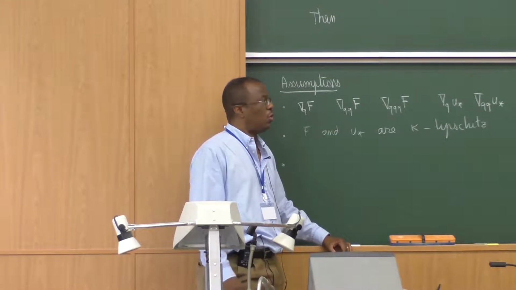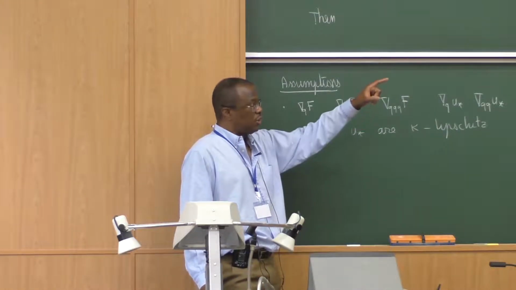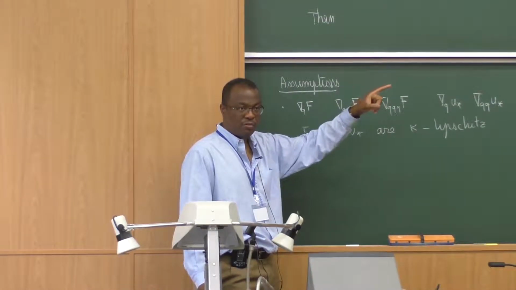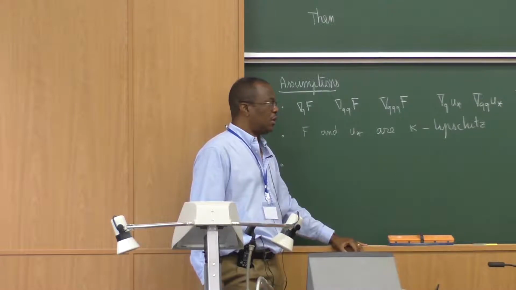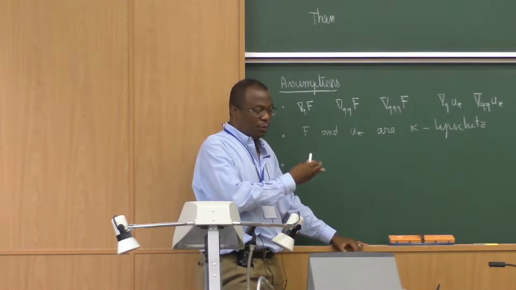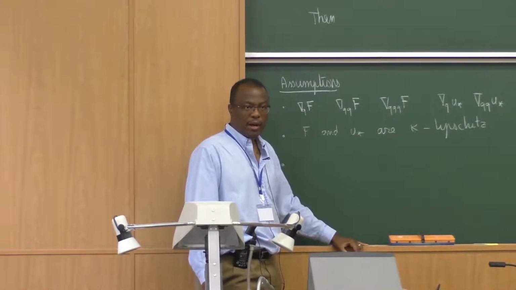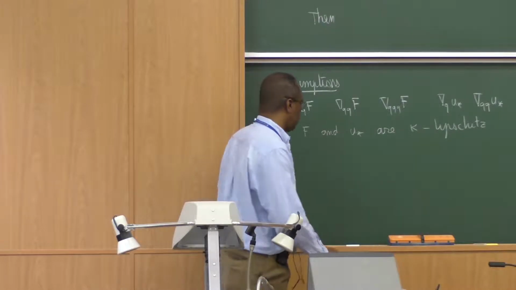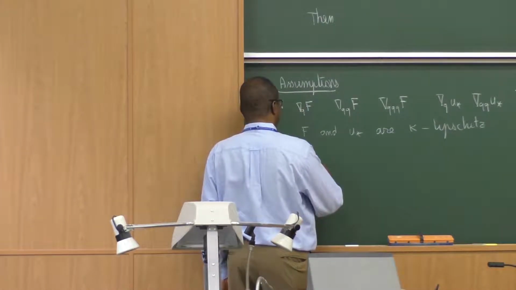And so, under that condition, you can show that solving this problem is solving a minimization problem. So it means that what we are doing is what is called a potential mean-field game, when the data are derived from a potential.